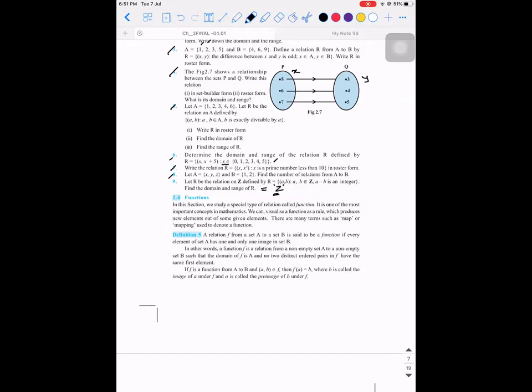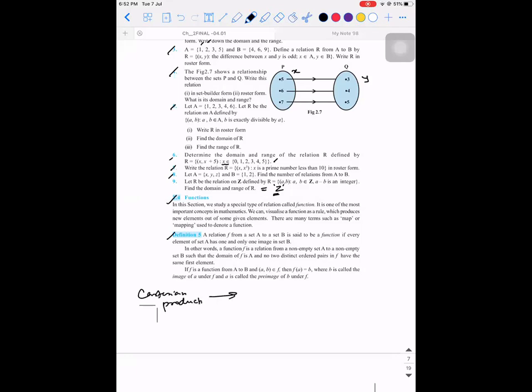If you're done with this, we can understand what a function is. A function is also a relation only. This is the order in which it goes. The whole concept of relations and functions starts with the concept of ordered pairs, that is the Cartesian product.